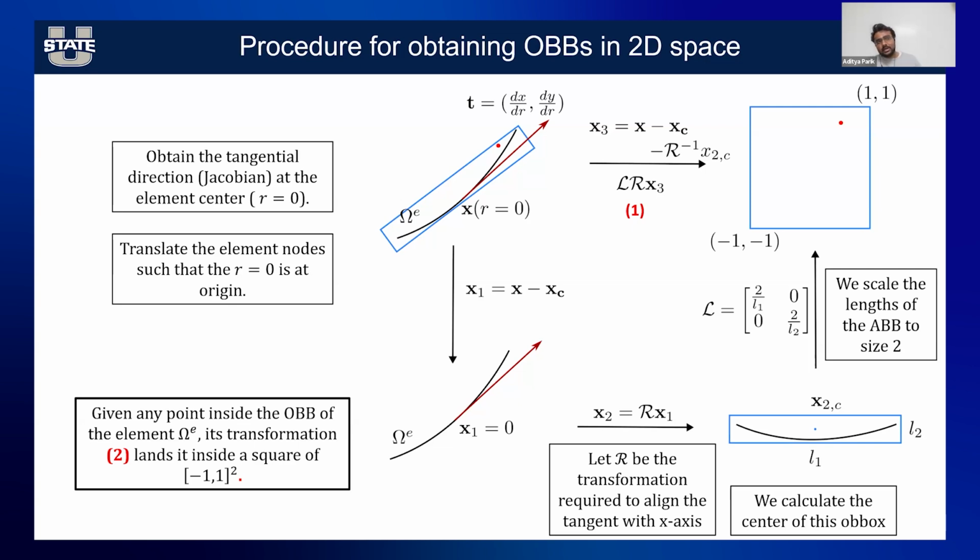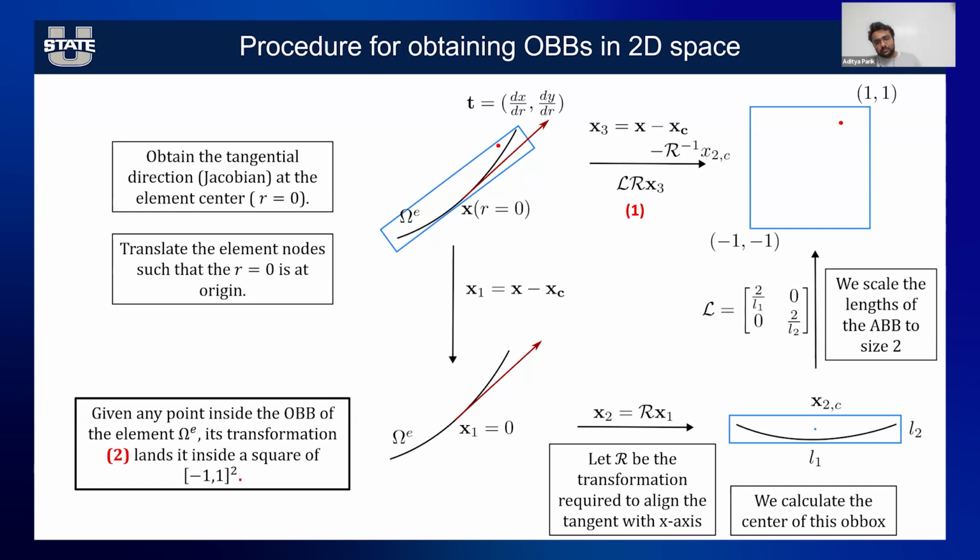And what we do is we first move the center of the element to the origin of the domain, and then we rotate it so that its tangent is oriented along the axis. Then we draw an axis-aligned bounding box on that rotated element, which is essentially the oriented bounding box for that element. And then we scale its lengths so that it goes from -1 to 1.